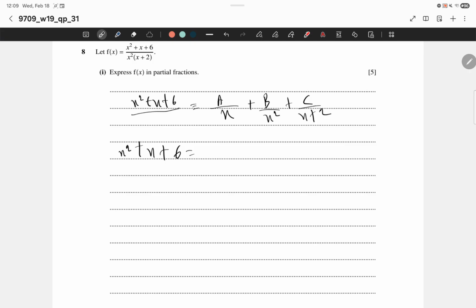Wait, I don't even need to write it like this. Wait, is this correct? Let me just check. Oh, I think in the denominator we can actually do anything.